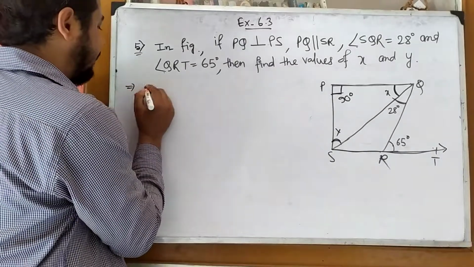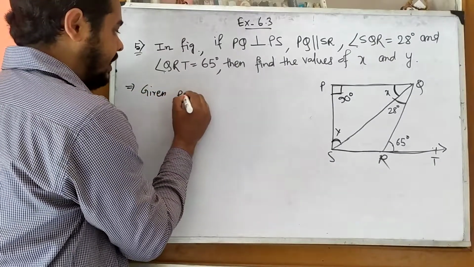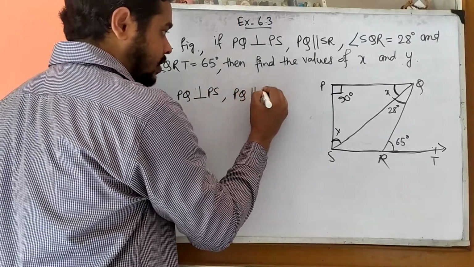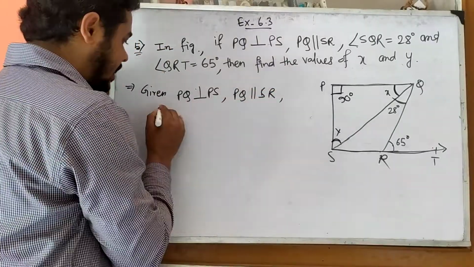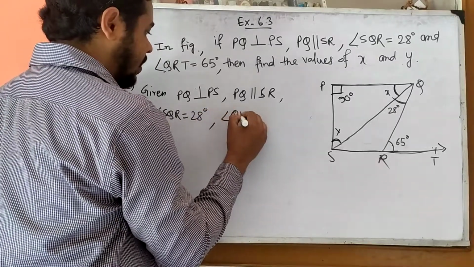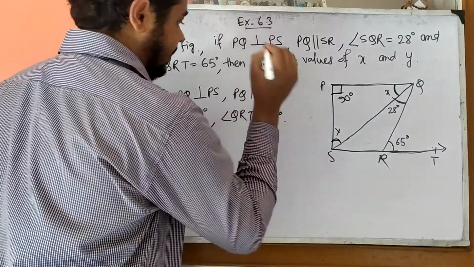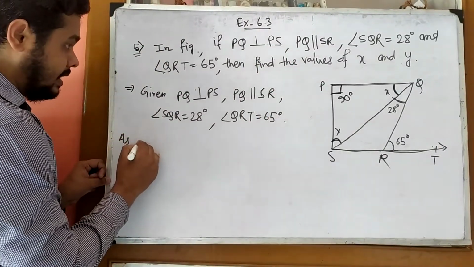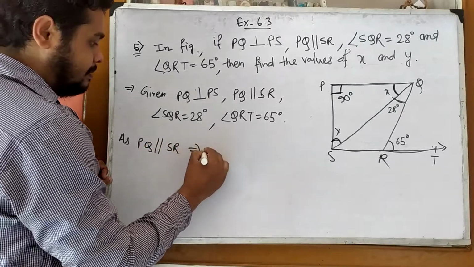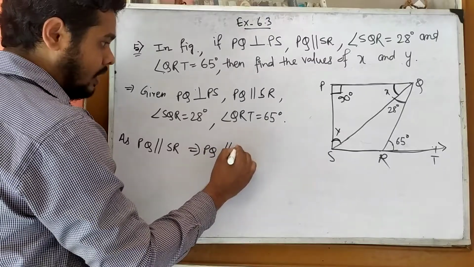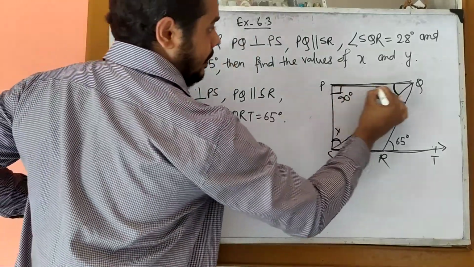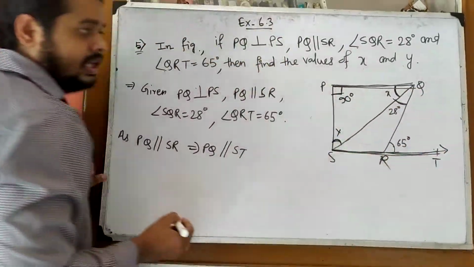Okay, now what is our given? The given conditions are PQ perpendicular to PS, PQ parallel to SR, angle SQR equals 28 degrees, and angle QRT equals 65 degrees. Now as PQ is parallel to SR, we can say PQ is parallel to ST also.